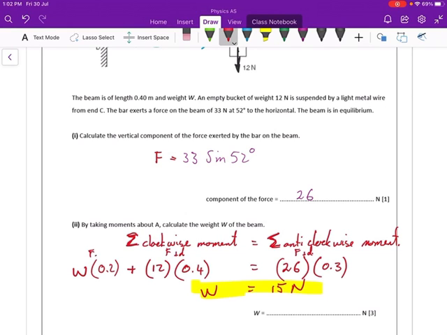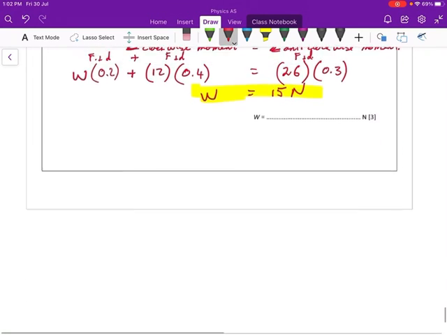That's fine. And now we calculate it, right? So you can't use the angled force, and it must be the perpendicular distance from my force working in there.